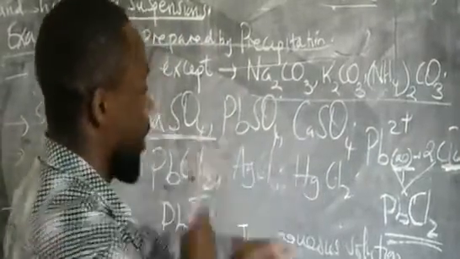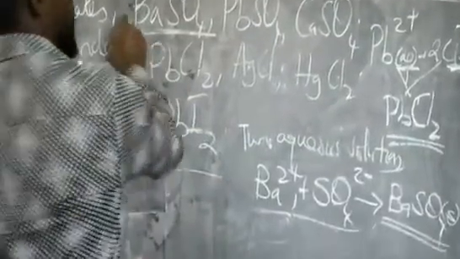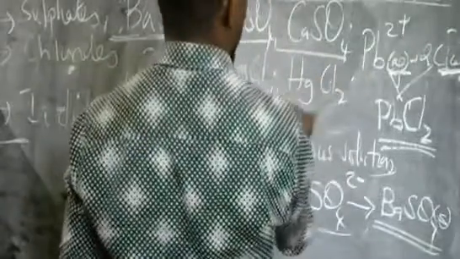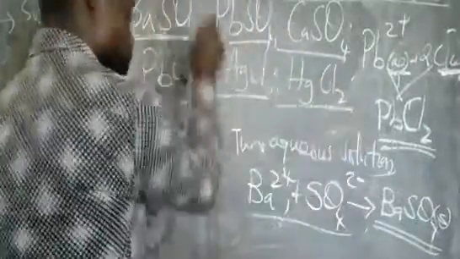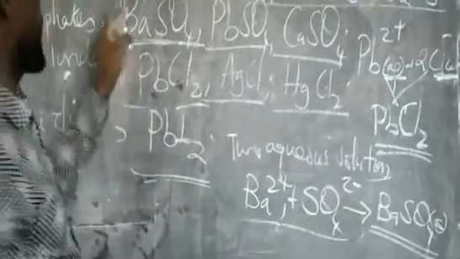So all these salts are prepared by the precipitation method: barium sulfate, lead 2 sulfate, calcium sulfate, lead 2 chloride, silver chloride, mercury 2 chloride, and lead 2 halide. So let us see one of them.